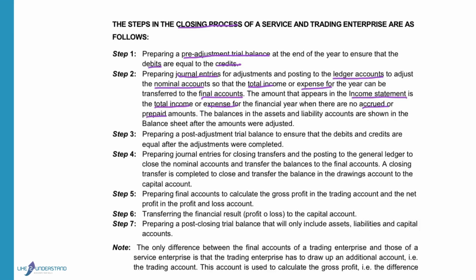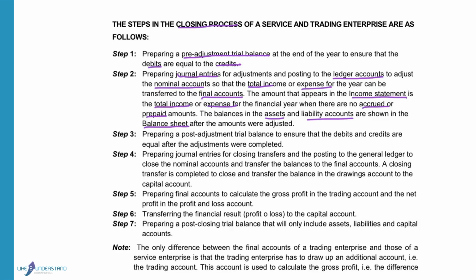The balances in the assets and liability accounts are shown in the balance sheet after the amounts were adjusted. So that means that you will create temporary assets, that's accrued income and prepaid expense, and temporary liabilities, that is accrued expenses and income received in advance. And those accounts will be added to all your assets and liability accounts and appear in the balance sheet.